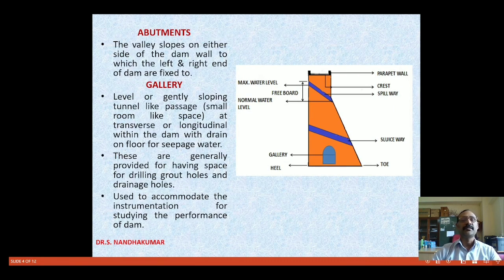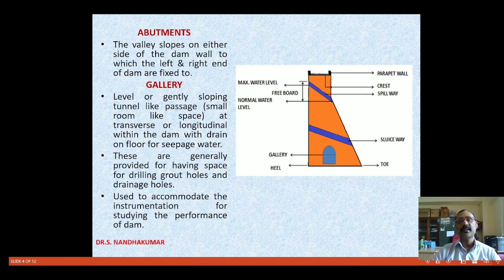Coming to the abutments, an abutment is a supporting structure of the dam, fixed at the left and right ends of the dam. Coming to the gallery, it is a room-like structure. It runs longitudinally along the dam, a tunnel-like structure at the bottom.